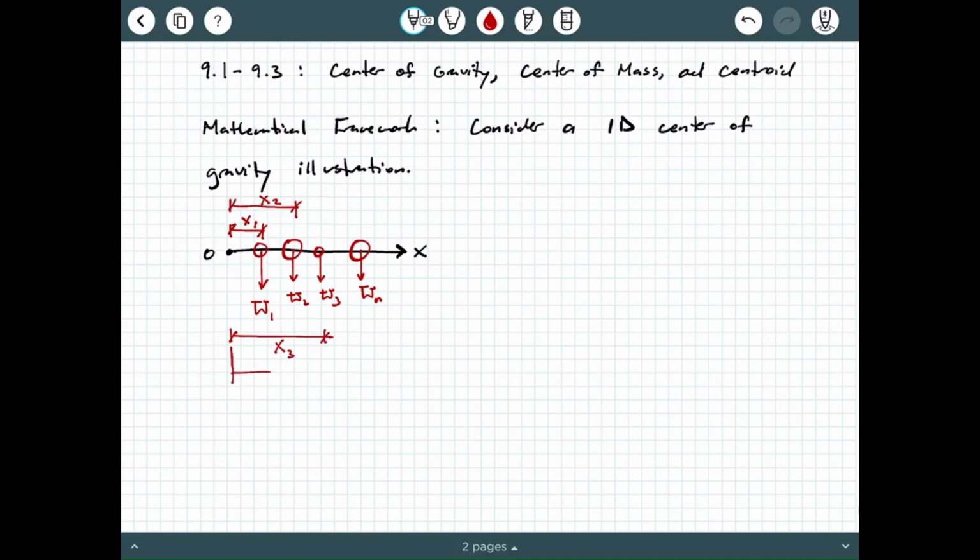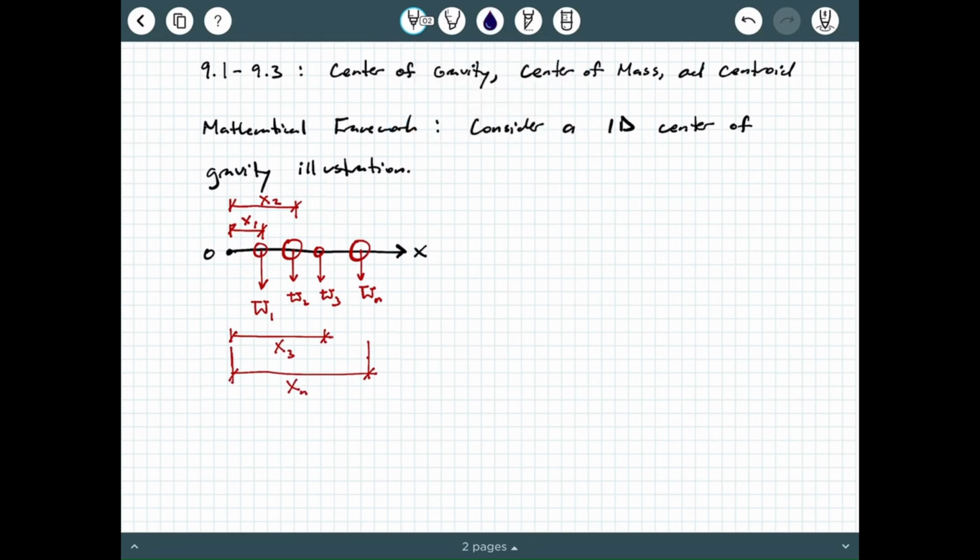And then we're going to say weight n is a distance x sub n away from the origin. So each one of these weights has some kind of distance away from the origin. Now, if you're looking at this, you may be thinking, well, wait a second, this looks awfully like what we would call perpendicular distances. So you're right. So keep that in your back pocket for now.